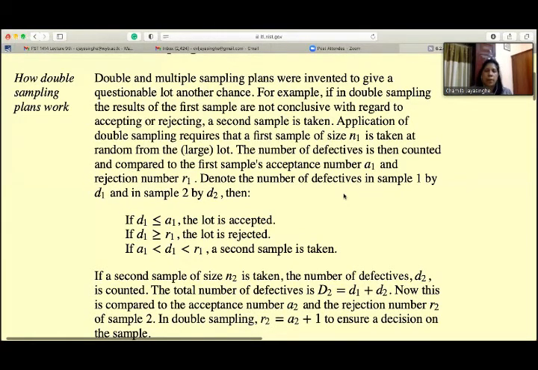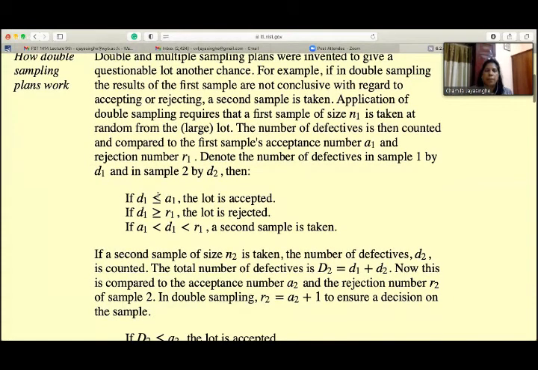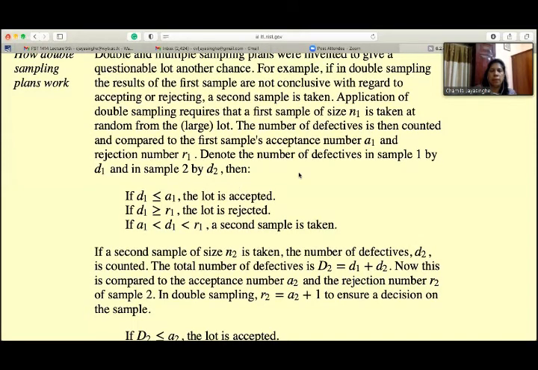So we can write it: if D1 is less than or equal to A1, the acceptance number of the first sample, then the lot is accepted.